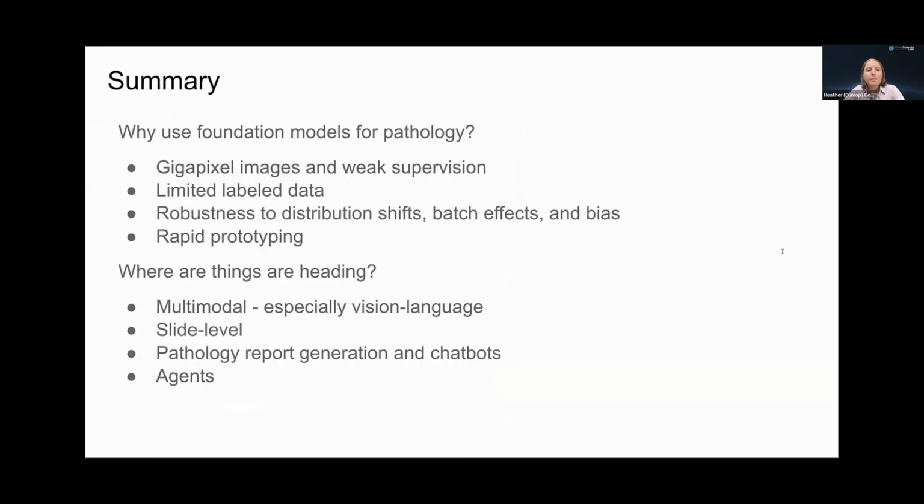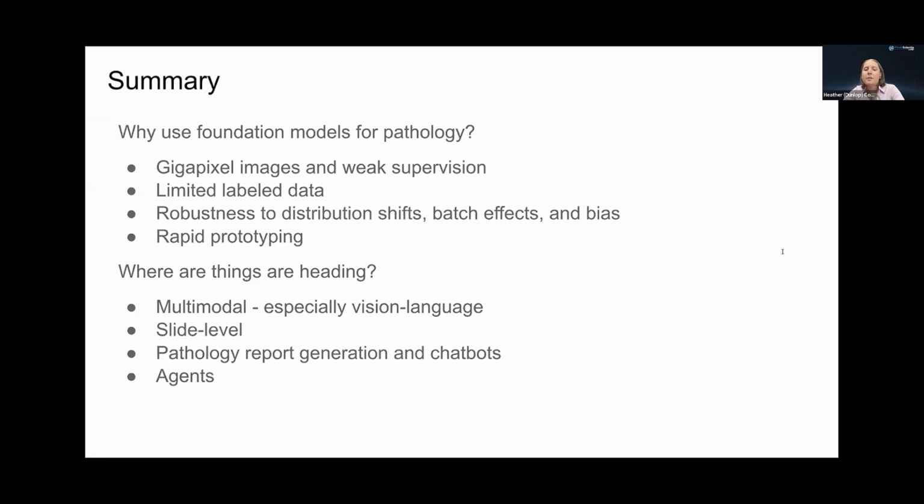So to summarize, we've looked at 4 different reasons why you might choose to use a foundation model in modeling pathology images. I don't think I need to repeat those because I went through them a couple times. But the second section, on where things are heading, we looked at a couple multimodal examples and especially vision language.